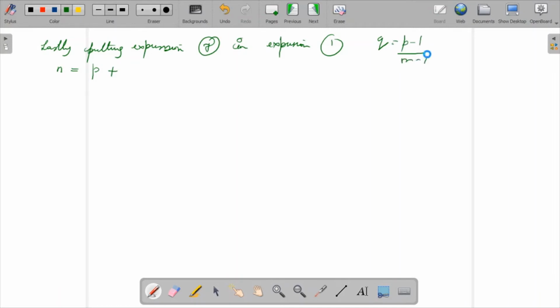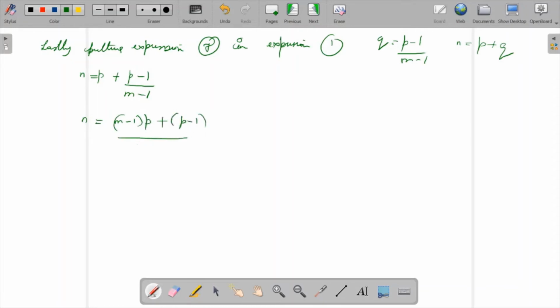If you remember, equation 1 is n equal to, that is total number of vertices, p plus q. So n is equal to p, and for q I have replaced this, p minus 1 divided by m minus 1. If I take LCM over here, it would be m minus 1 into p plus p minus 1 divided by m minus 1.